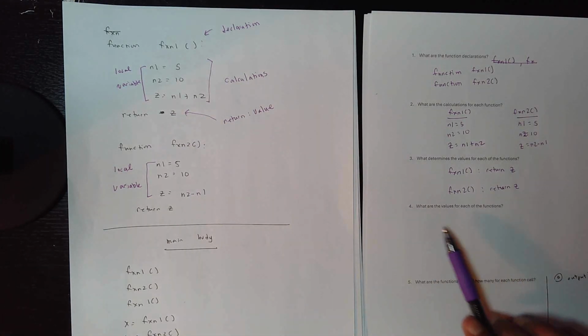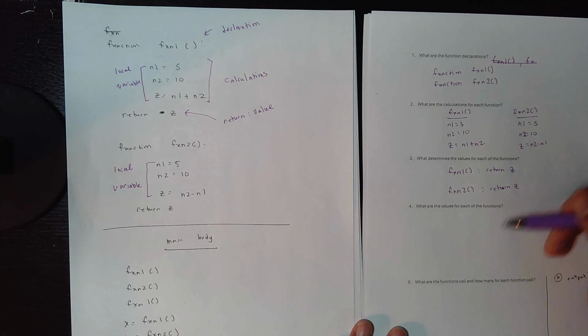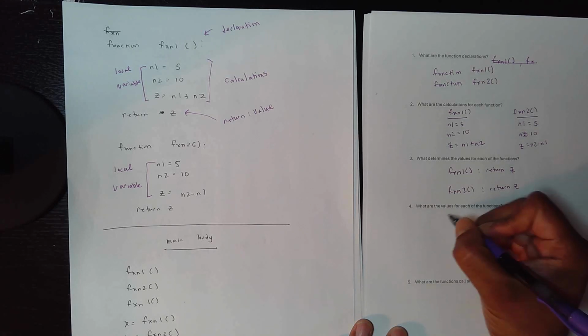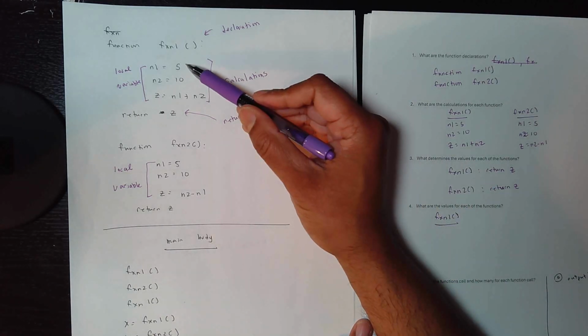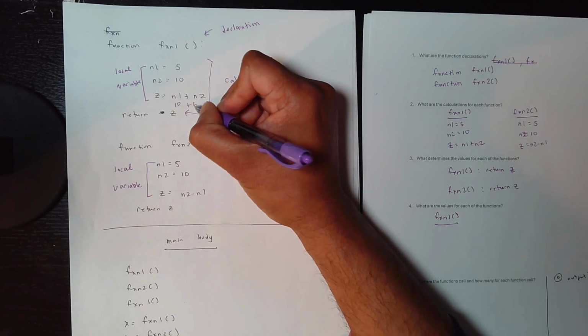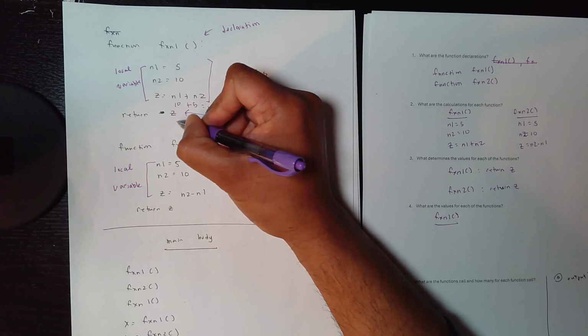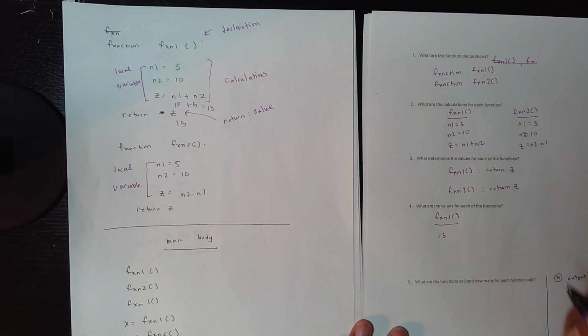Okay? Now, what are the values for each of the returns? So now let's go through the math. Okay? So for function 1, what is my value? So I put n1 equals 5, n2 equals 10. So this is 10 plus 5, which is 15. So I'm going to return 15. So the answer is 15.